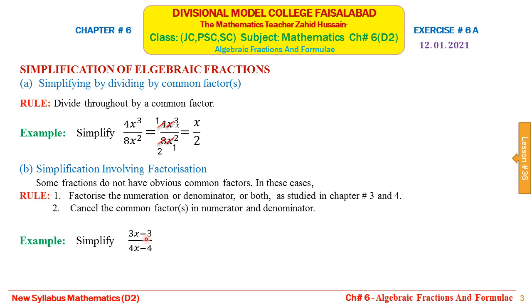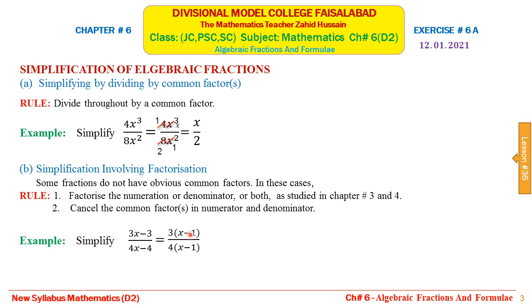We cannot cancel x with x because these two terms are bound with a negative sign. If there is a positive or negative sign between two terms, then you cannot cancel out the single term. So first we will have to factorize this expression, and we will take 3 common from the numerator and we will be left with x minus 1.